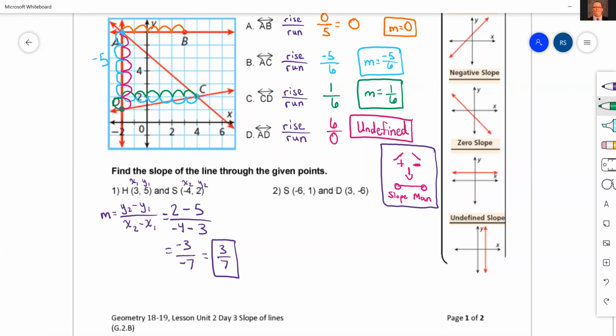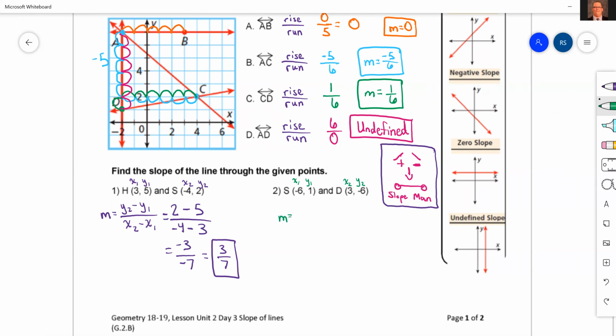Now let's look at number 2. So we have our points we need to label, X1, Y1, X2, Y2. Find the slope.